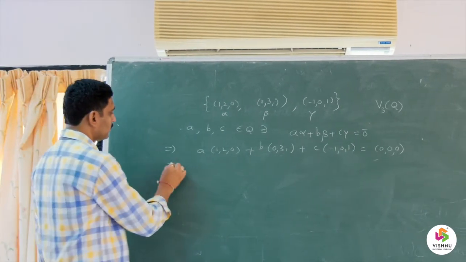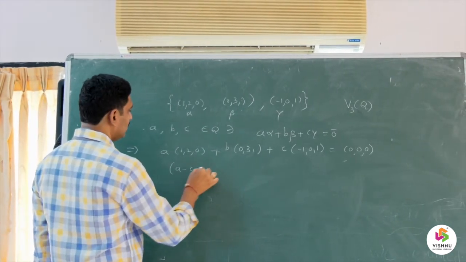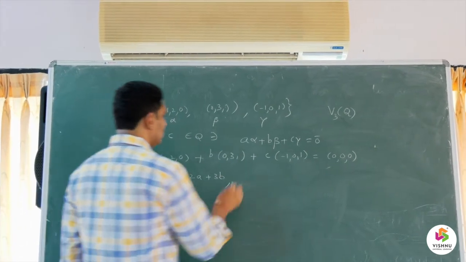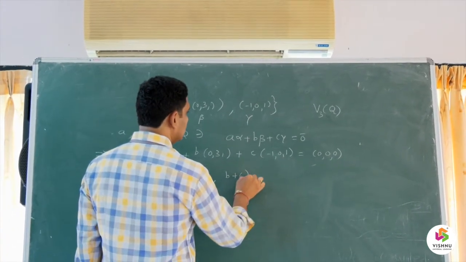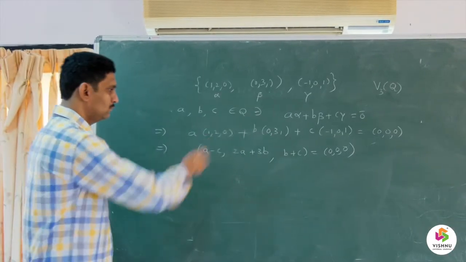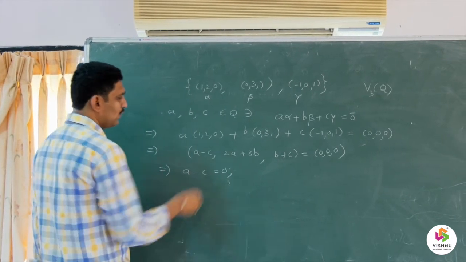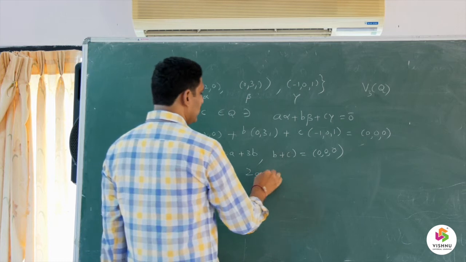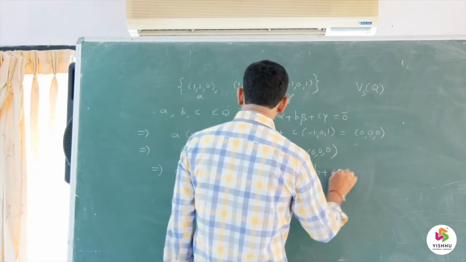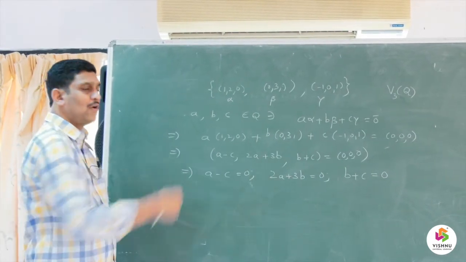Now considering this, we get A minus C, 2A plus 3B, and B plus C equal to 0, 0, 0. Equating the values, you have A minus C equal to 0, 2A plus 3B equal to 0, and B plus C equal to 0.